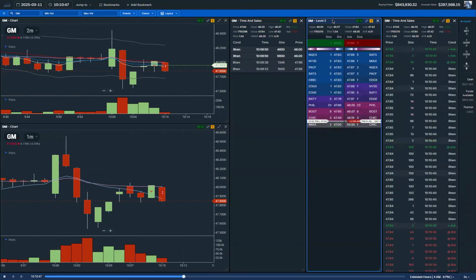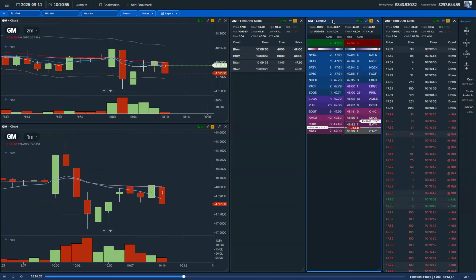And below 47.80 is the next location where I'm now trailing against the high, the high that leaked through VWAP.